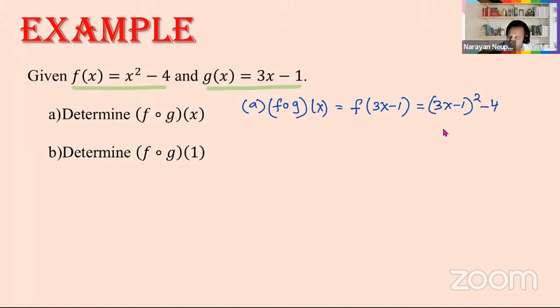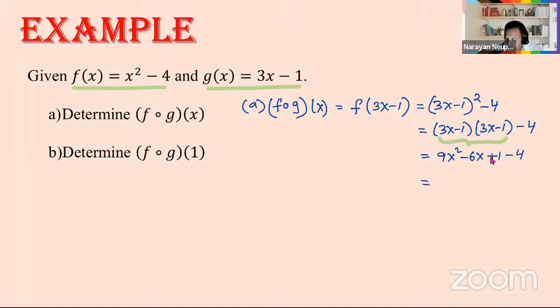Now, this is 3x minus 1 times 3x minus 1, then minus 4, because 3x minus 1 quantity squared is 3x minus 1 times 3x minus 1. Over here, we can FOIL this. If we multiply, you will get 9x squared minus 6x plus 1, and at the end there is minus 4.